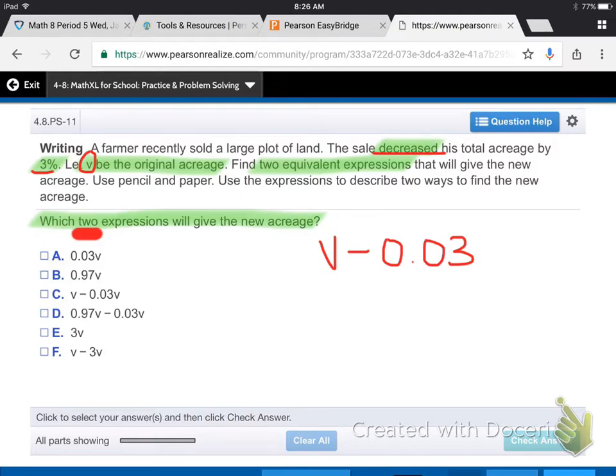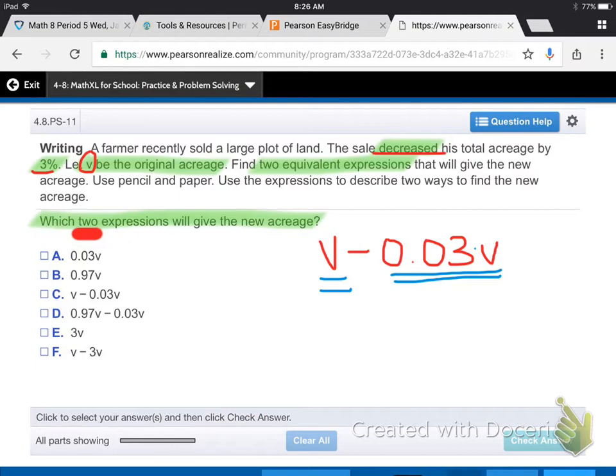But you can't just leave it like that, because the 0.03 is 3% of V, 3% of the original acreage. So you take the original acreage, and you subtract this much of the acreage. And remember, of is multiplication. So that's the expression, that's one of them.